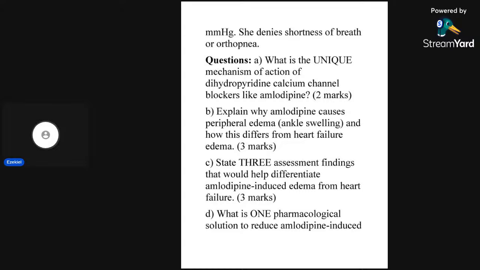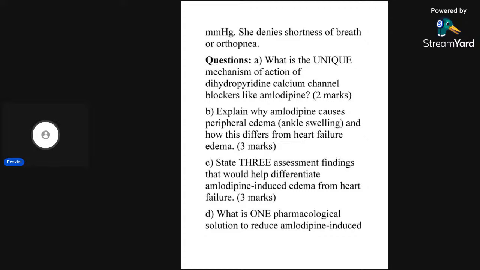Number 3C. State 3 assessment findings that will help differentiate amlodipine-induced edema from heart failure. Yes, this is very important. Amlodipine is causing edema, but this edema is different from the kind of edema caused by heart failure.